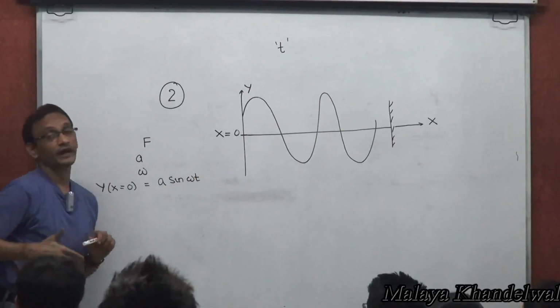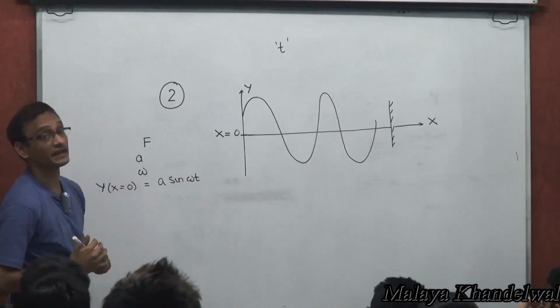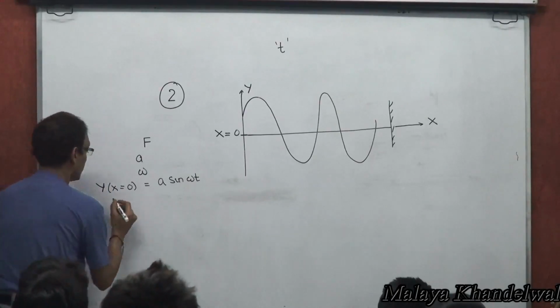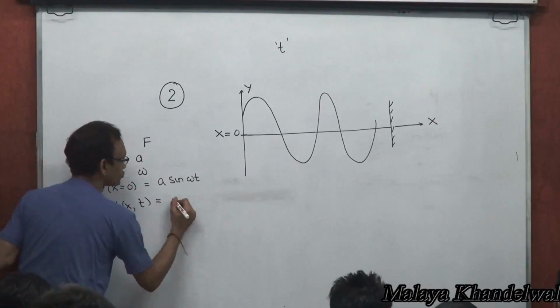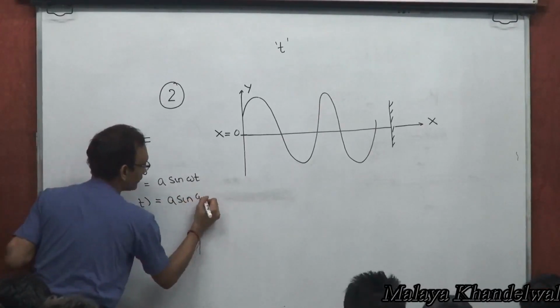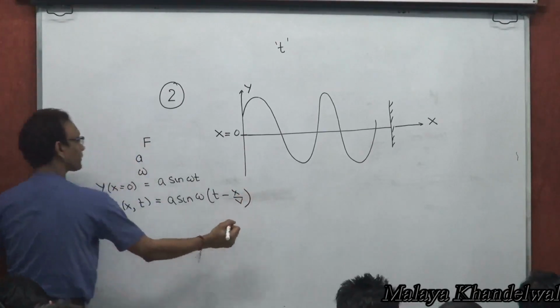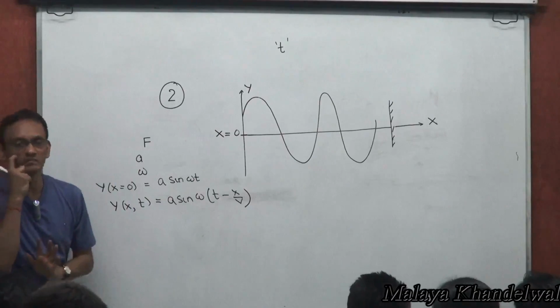And like you already know, the displacement at any given x would lag in phase, so the displacement as a function of time t is going to be y equals a sine omega t minus x by v. That's y as a function of time.